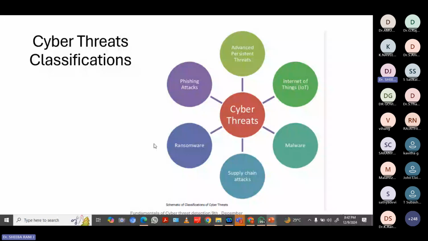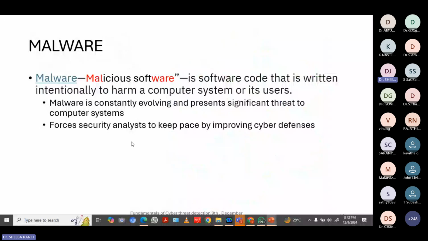Only after the system is seriously affected can we see it. Malware is constantly evolving. That's the main challenge. Malware is constantly evolving and presents a significant threat to computer systems. It forces security analysts to keep pace by improving cyber defenses. So whenever we have a threat, automatically the first level is that we should have a defense mechanism.